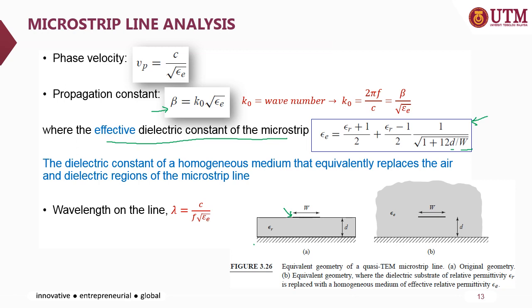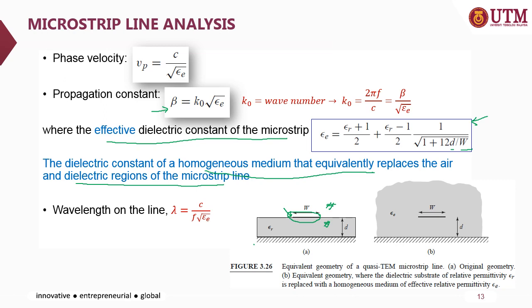Okay, why do we need to consider the effective dielectric constant, epsilon e? The effective dielectric constant is basically considering a homogeneous medium that replaces the air and the dielectric region of the microstrip, since the strip line is exposed to two different properties: the air and the dielectric material.